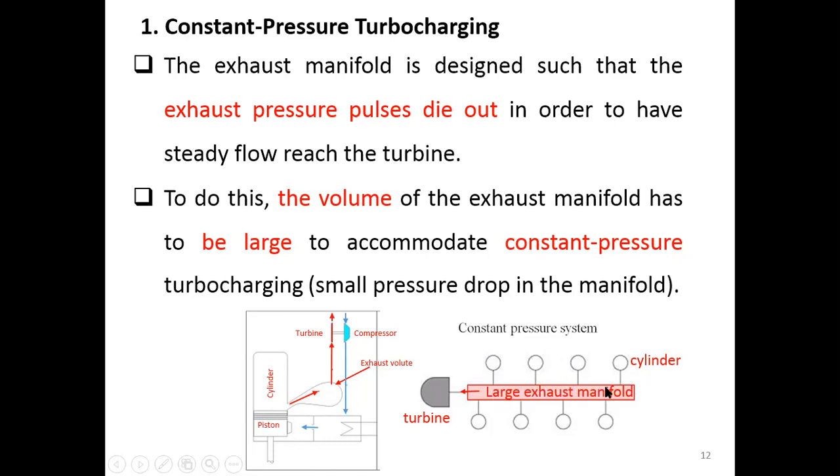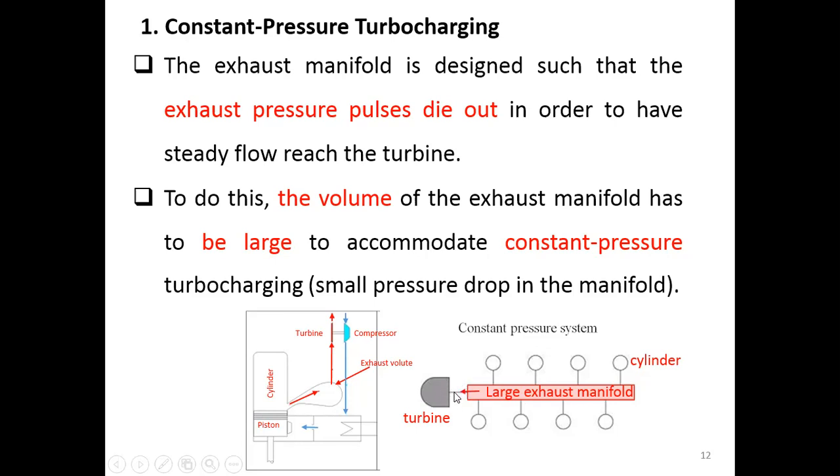So whatever exhaust flows out here can be unsteady flow along the way in the exhaust manifold, until before it flows into the turbine, which is here.